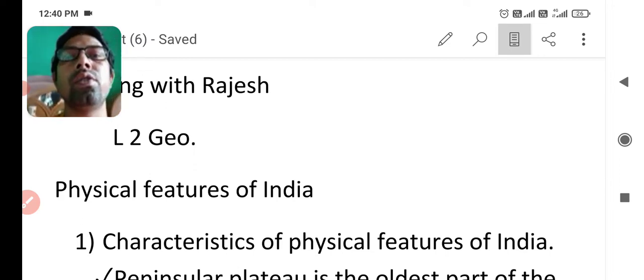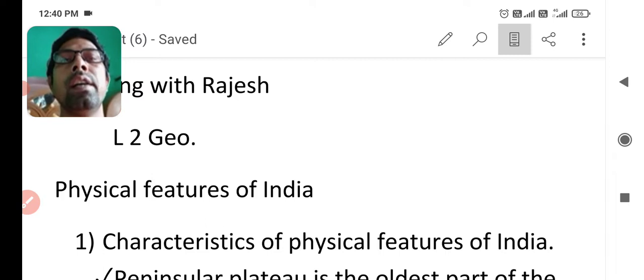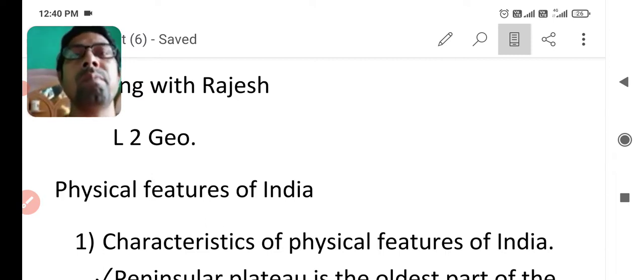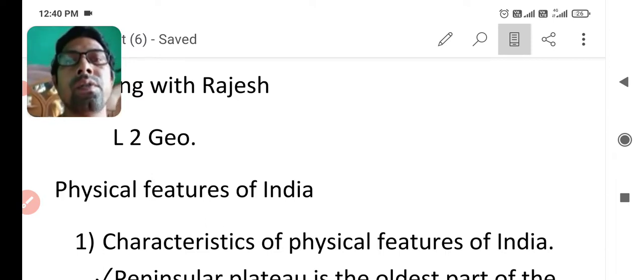In ninth class geography, we have started lesson number 2 named Physical Features of India. Yesterday, you learnt about the main characteristics of physical features of India, and then we learnt about the 6 major physical features of India.